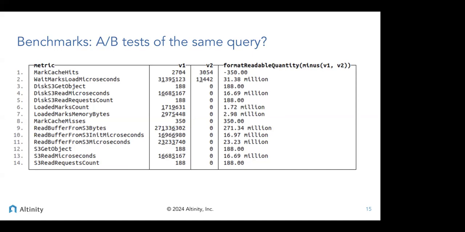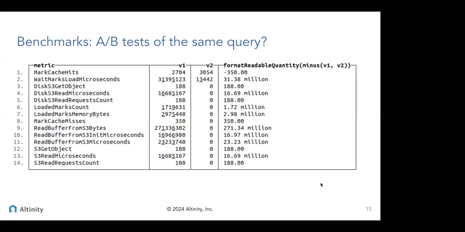So the mark cache helped here on the next run. And we also see how big the impact was: it spent like 31 million microseconds in the first run just waiting for those marks to be loaded. So here is an example of how it helps to understand why the query was slower.